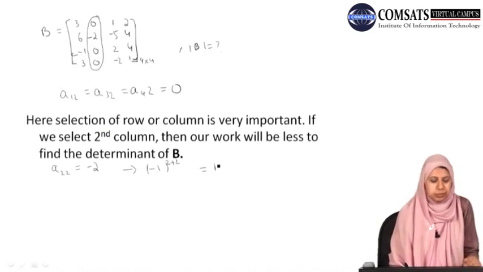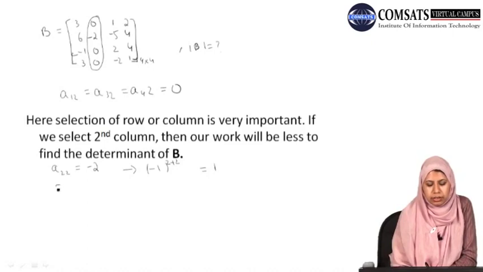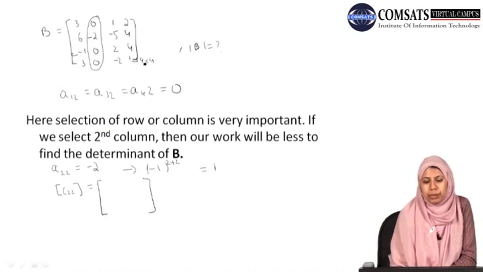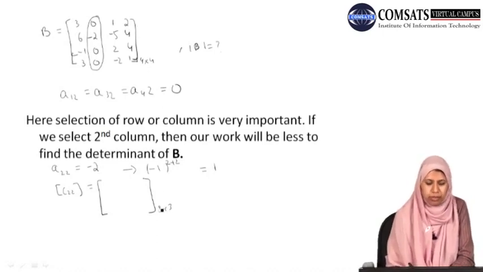The submatrix, let's say C22, will be obtained by deleting the row and the column containing this entry. Here the order of the given matrix is 4 by 4, which means that the submatrix obtained by deleting the row and the column containing the entry will be the matrix of order 1 less, that is the matrix of order 3 by 3.